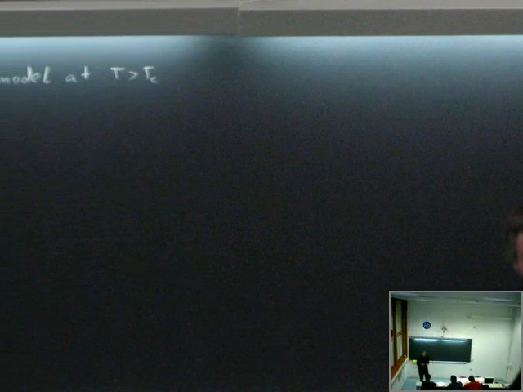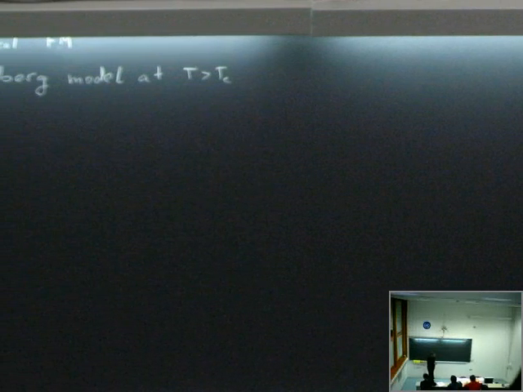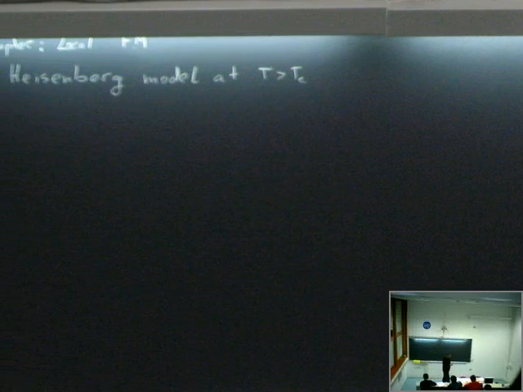Okay, today we proceed with the scheme I discussed during the last lecture. Namely, we discussed the isotropic Heisenberg model above the critical point. We use mean field theory in order to calculate susceptibility as a response to a non-uniform magnetic field, and then we discuss properties of this response function.